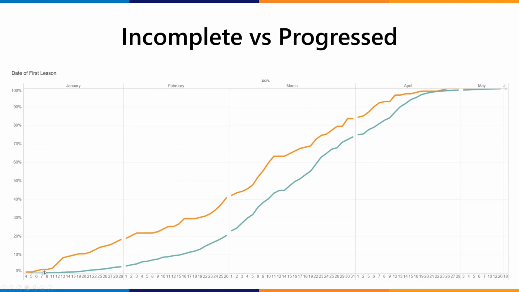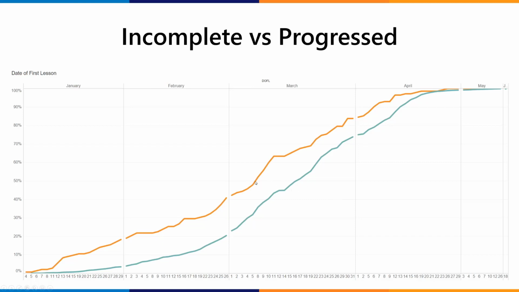We're looking at the date of first lesson, so the number of students who have started Reading Recovery by their date of first lesson. The orange line is for our progressed children. The teal line is for our incomplete children.